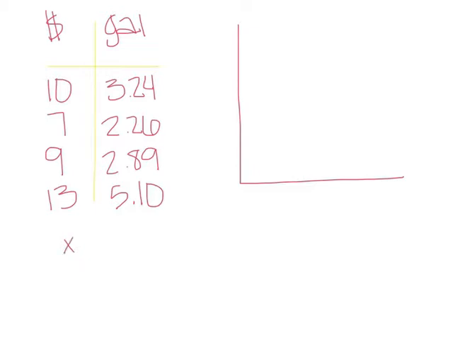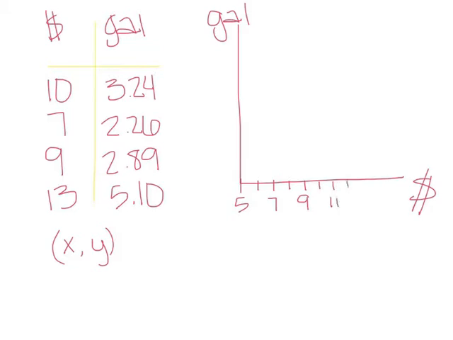Again, remember we have our X and Y values. So the X values will be the dollars spent and the Y values will be the gallons purchased. So as far as money spent, we've got values from 7 to 13. So we'll go ahead and start maybe here at 5, 6, 7, 8, 9, 10, 11, 12, 13.